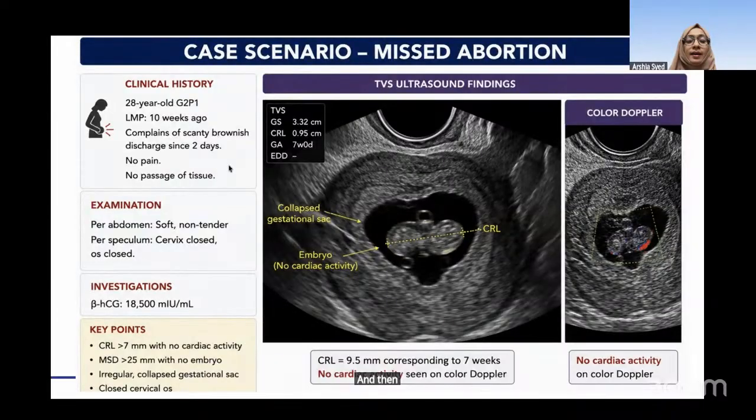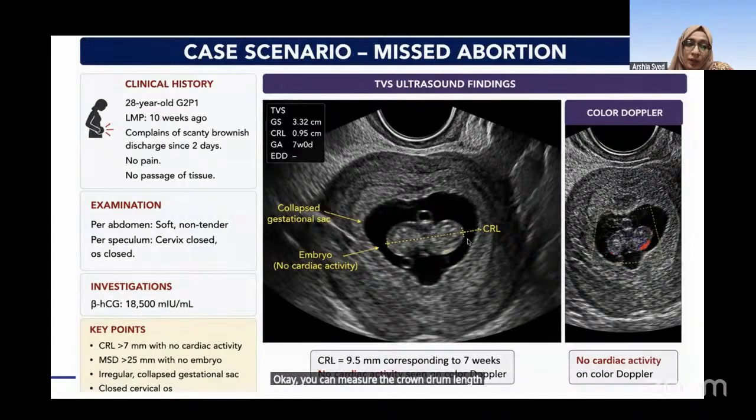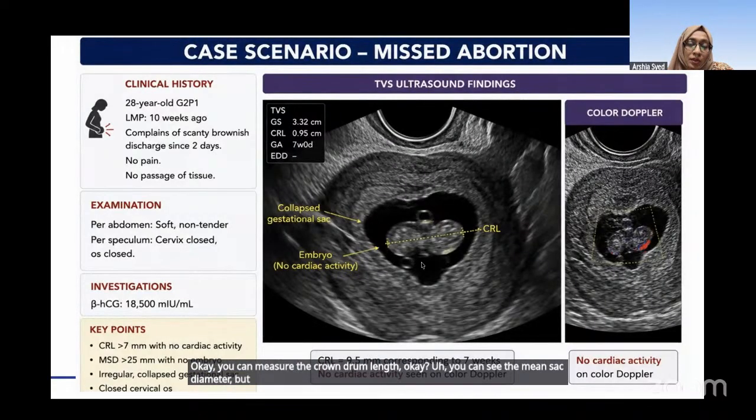Then on ultrasound, you see that though you can see the fetus and measure the crown rump length and the mean sac diameter, the gestational sac is not regular.